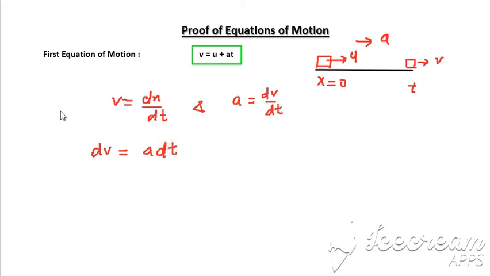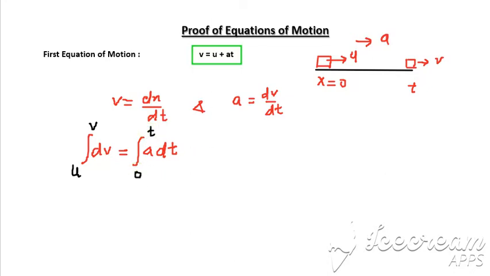Since this is a differential equation, we can integrate both sides. Having the integration symbol, we can use the limits for this purpose. The limits are: initial velocity is u, final velocity is v, initial time is 0, final time is t.